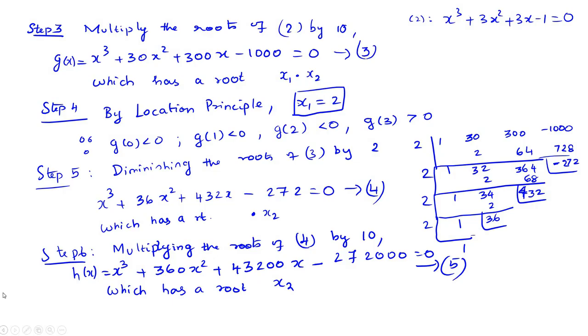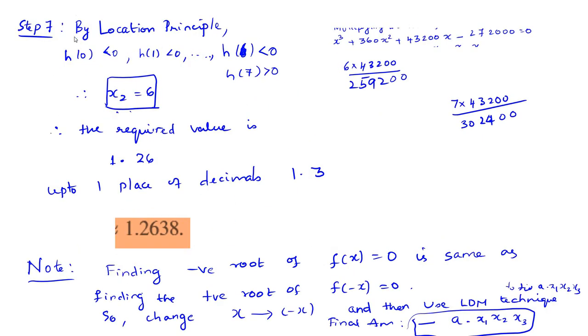Now LDM. Next is multiplying the roots of this by 10. You get this. This has a root x2. So LDM. Then again location principle. So by location principle, this is your h of x.